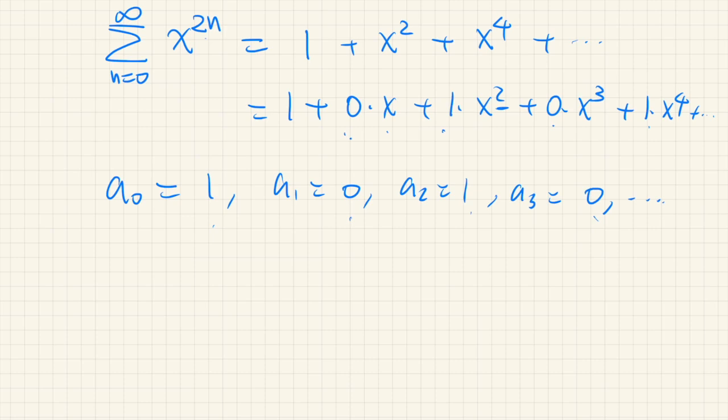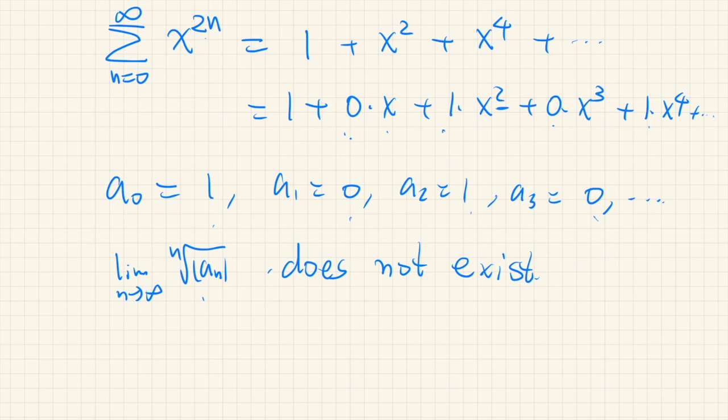So obviously this limit, the nth root of a_n, does not exist. It's either 0 or 1, so this does not exist. And what about a_(n+1) over a_n? This cannot be defined because the coefficient can be 0, so we cannot divide by 0.